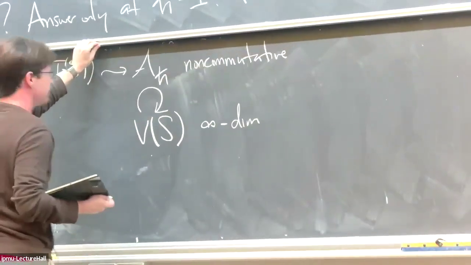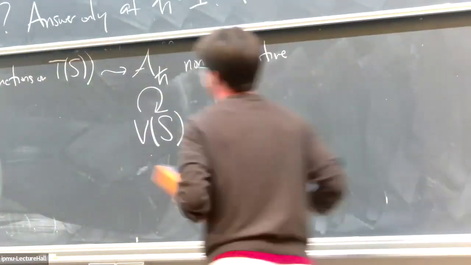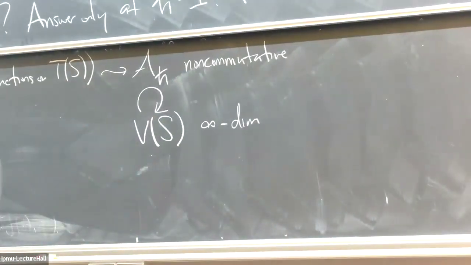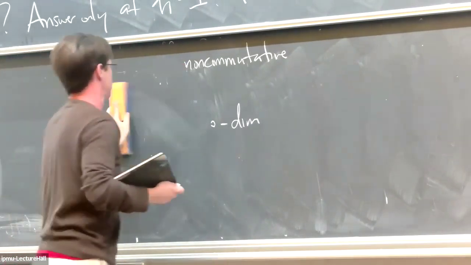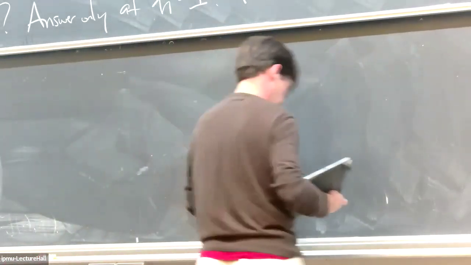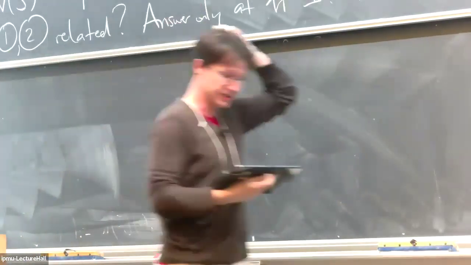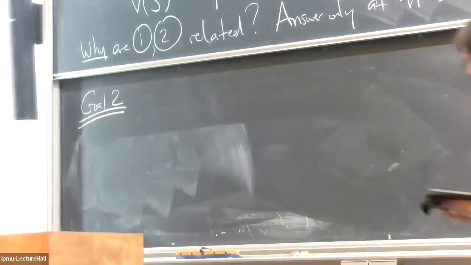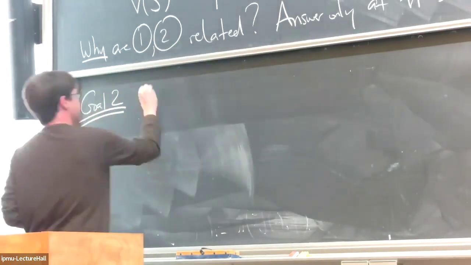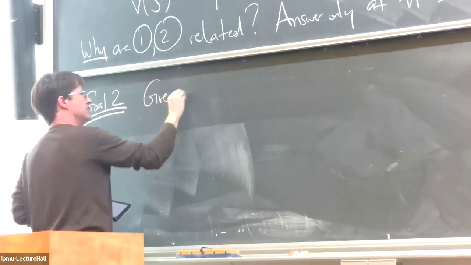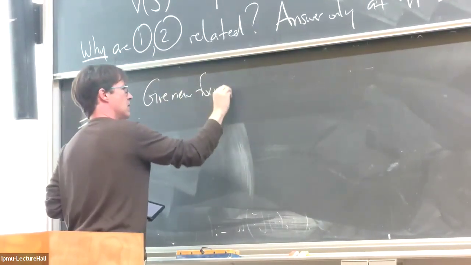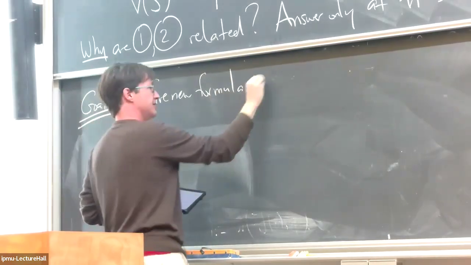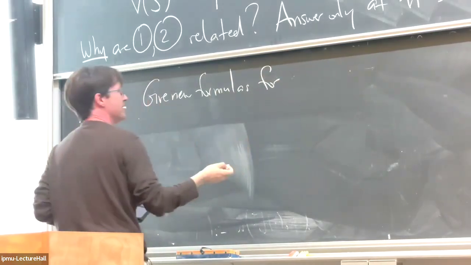Let me say a couple of other goals. So the second goal comes almost as a kind of byproduct of trying to answer the first question. The construction I tell you is going to lead to some new formulas, for various objects that are interesting in mathematical physics.